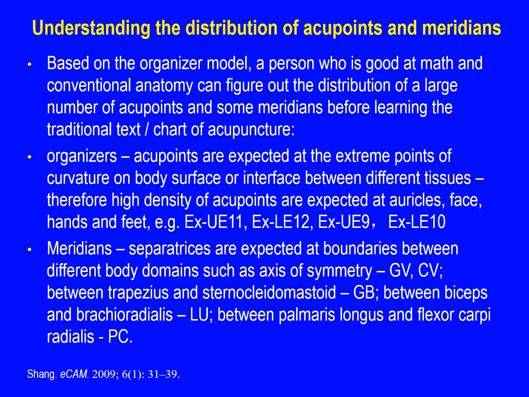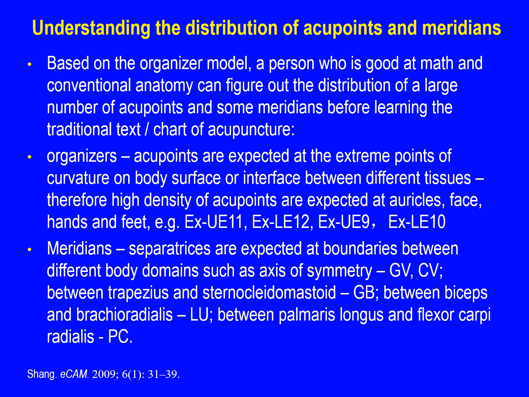So based on the organizer model, a person who is good at math and conventional anatomy can figure out the distribution of a large number of acupuncture points and some meridians before learning the traditional text or chart of acupuncture.